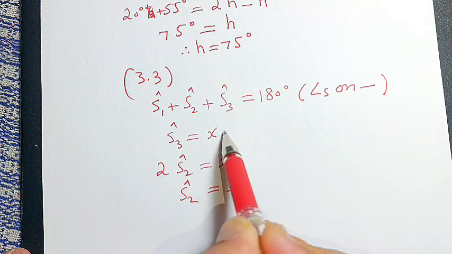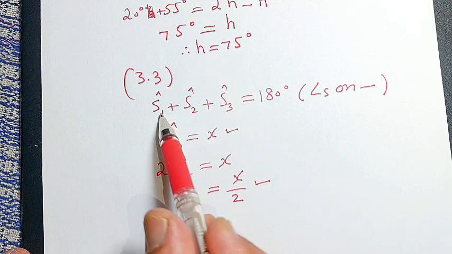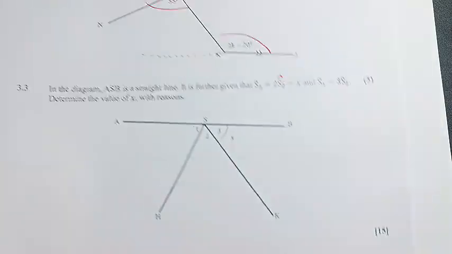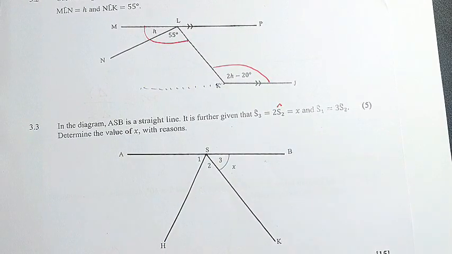So we got the angle S3, we got the angle S2. Now we need to find the angle S1. Angle S1, he said, is equal to 3 multiplied by angle S2.